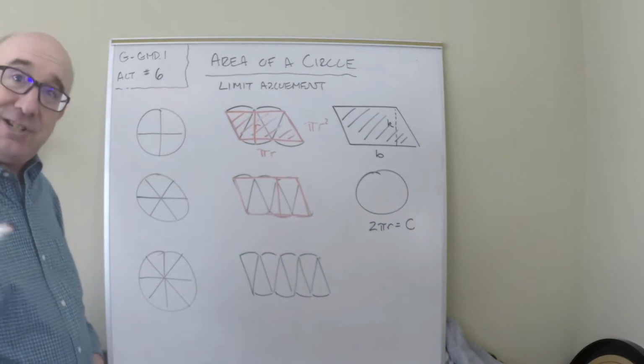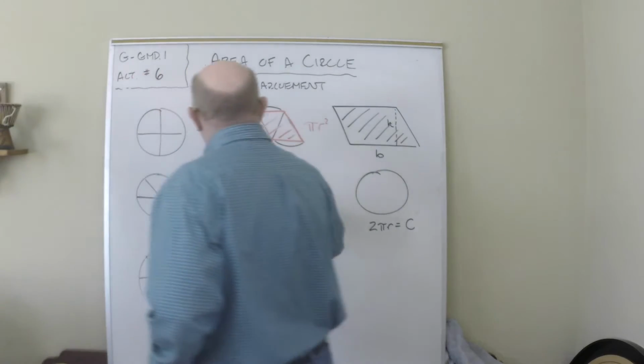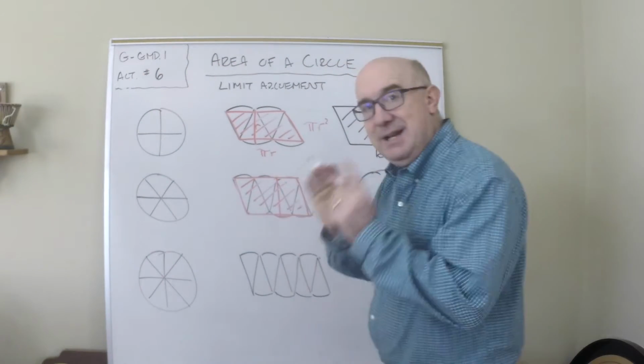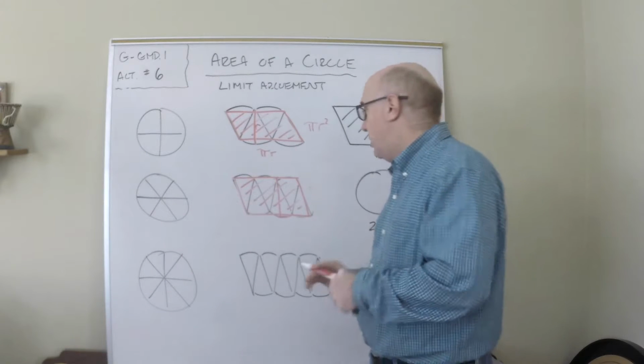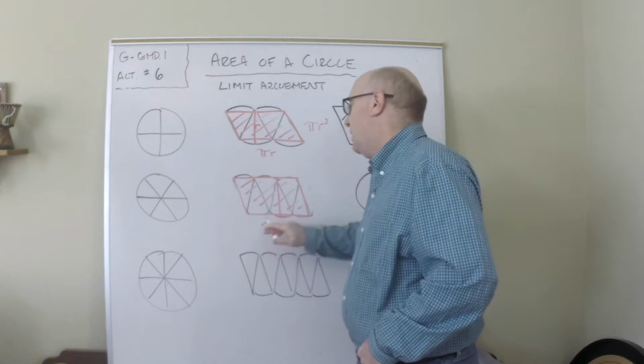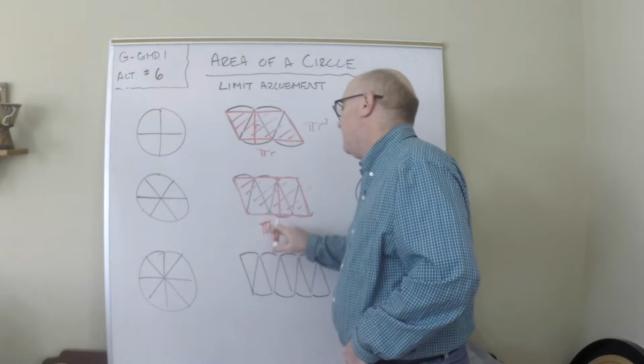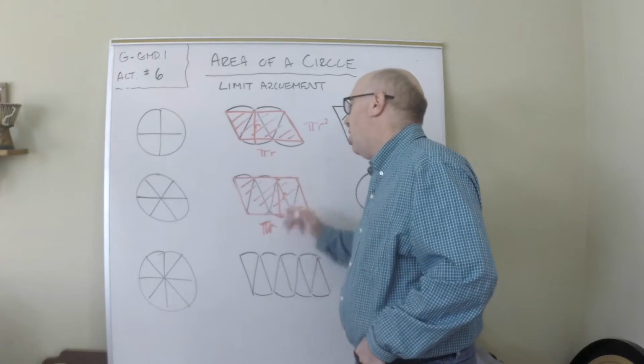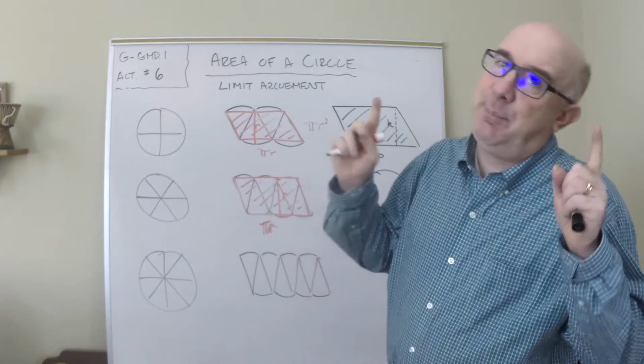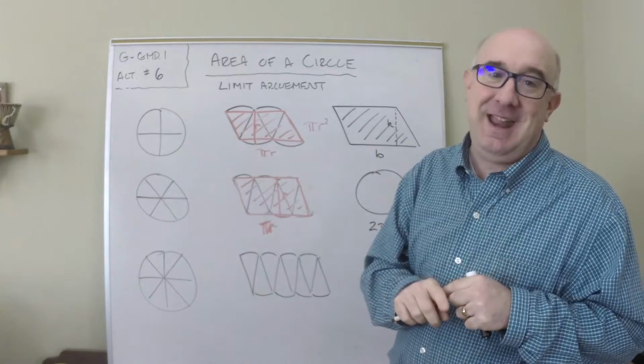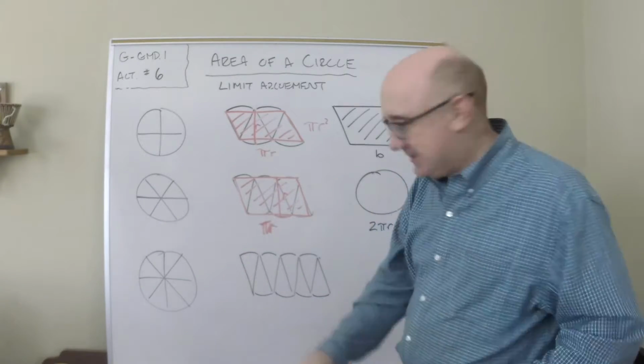So actually it's getting closer to the value by cutting it into smaller pieces. This is still pi r, and this is still r. It isn't a perfect parallelogram yet, but let's cut again.